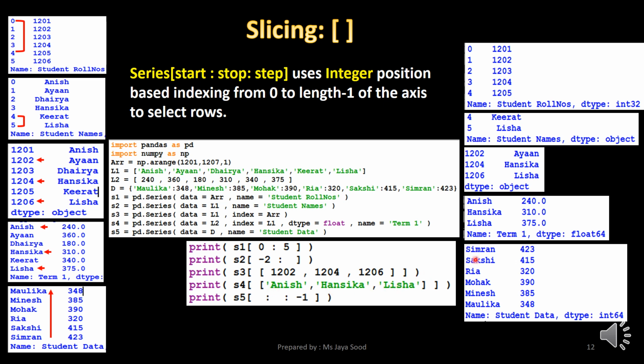So it will display only the rows with these indexes as shown here in the output. The next statement, print S5[::-1], will by default start the selection from the 0th row, will select all the rows till the end, but the step value is negative. So it will move backwards, that is, it will start selecting the rows from the last row till the first row in reverse order as shown here in the output.